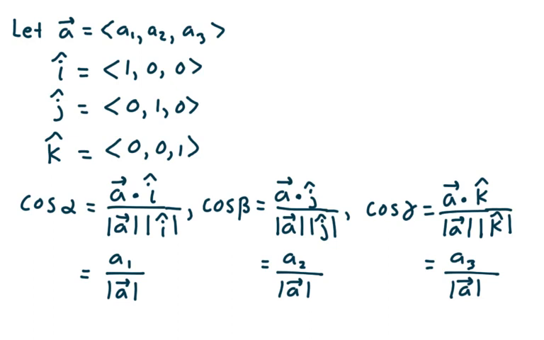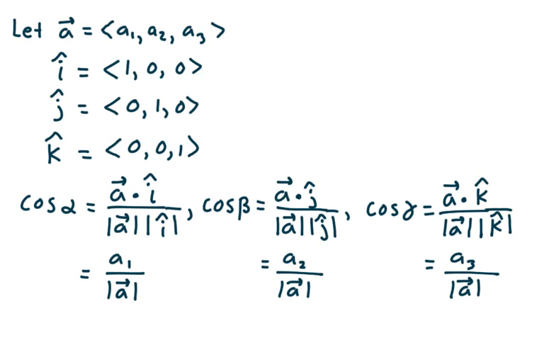So if you notice, cosine alpha is A dotted with i divided by the magnitude of A times the magnitude of i. But the magnitude of i is 1, and A dot i is A sub 1. You're just going to get the first component. So cosine alpha is A1 divided by the magnitude of A.